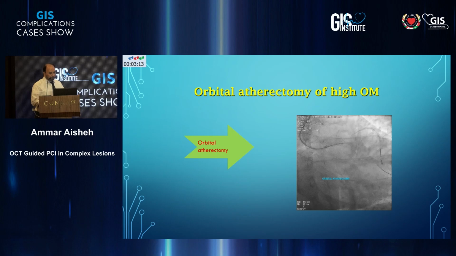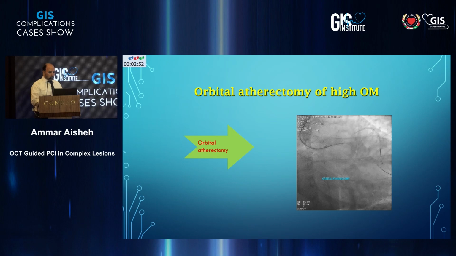And you know we have only one bur. It's 1.25, and it can treat diameters from 2.5 to 4 as per the IFU from Abbott. But we have used it in 2.0 vessels and up to 4.5. It can work.